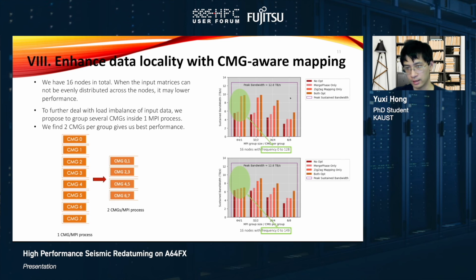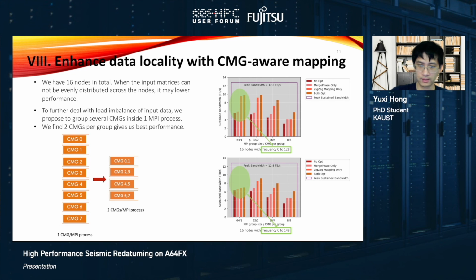Looking at the right two figures, the first experiment is the 16 nodes with 128 frequencies. If you use one core memory group per MPI process, you will get the best performance. But if your input is from 150 frequencies and you are still using one core memory group per MPI process, you will immediately get much lower performance.